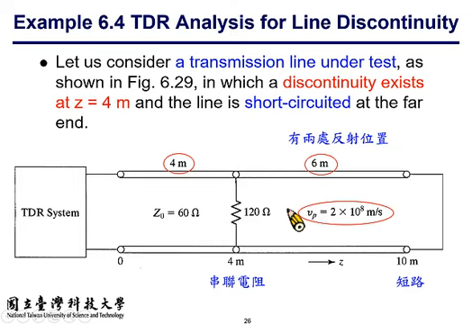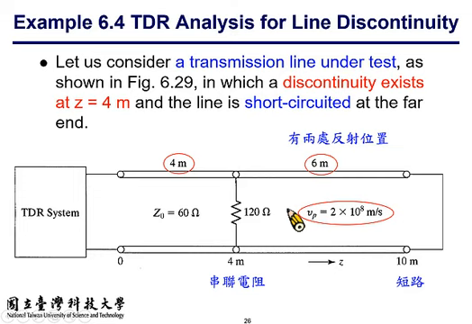Similar to what we have done in circuit theory, what is the equivalent resistance looking to the right with a resistor of 120 ohm connected in shunt with another resistor of 60 ohm? Well, I suppose you can calculate instantly as 40 ohm.